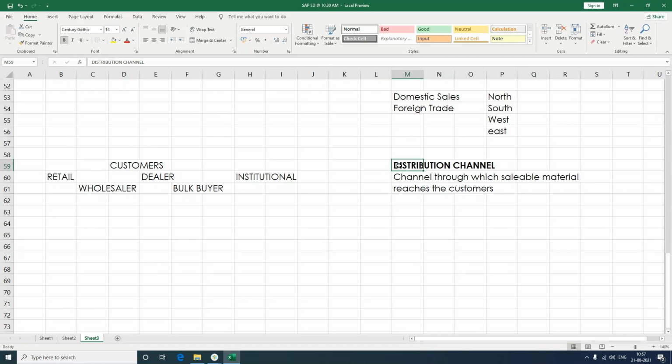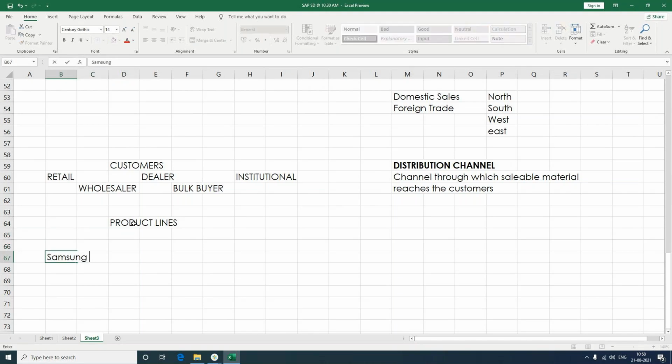Now to these customers, what will the company be doing? They try to sell their product lines. Let's take an example of the Samsung company. Samsung is trying to sell different ranges of products.